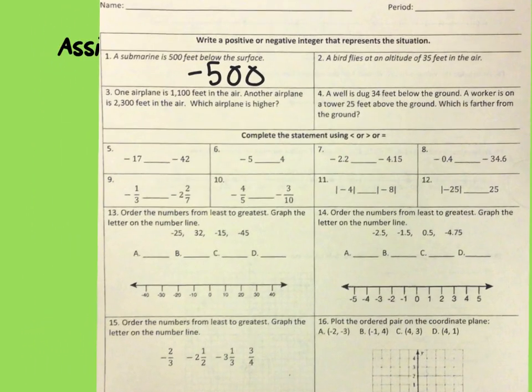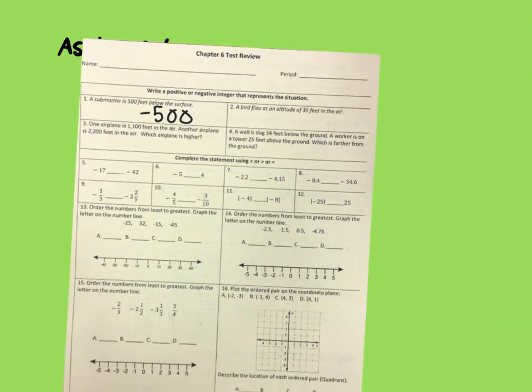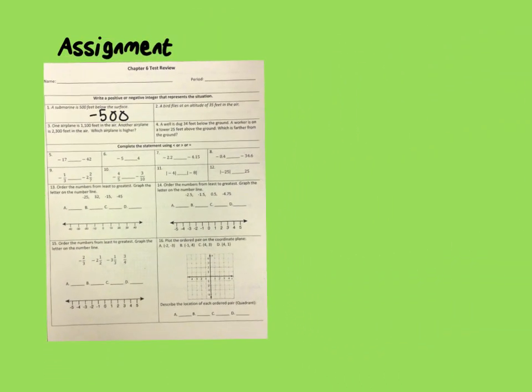All right, let's do number three. One airplane is 1,100 feet in the air. Another airplane is 2,300 feet in the air. So again, this is a great one to draw a picture on. I am going to say that this is the ground. And I'm going to use different colors to represent.